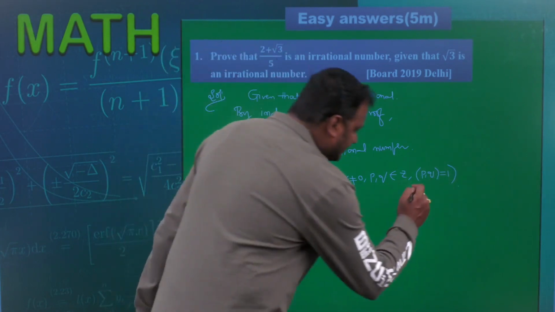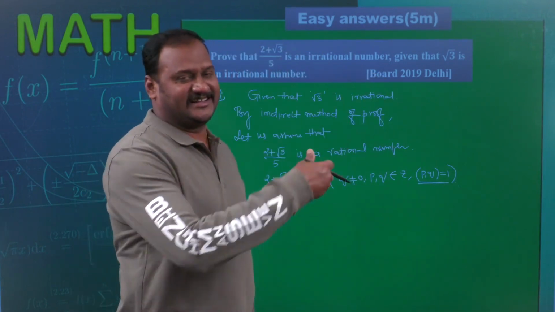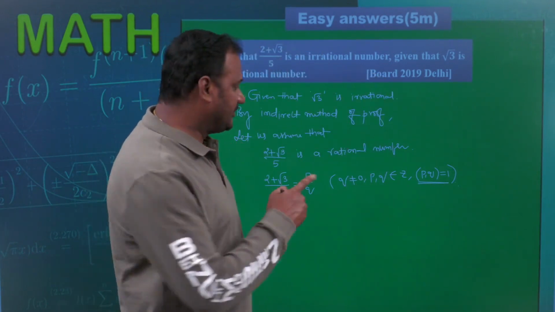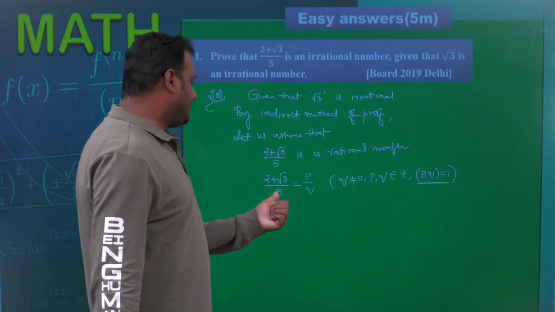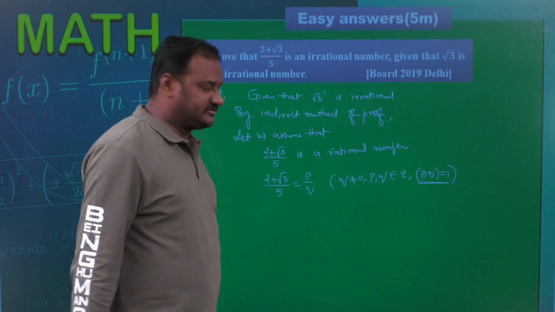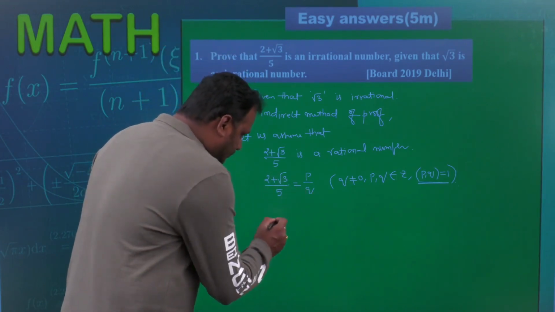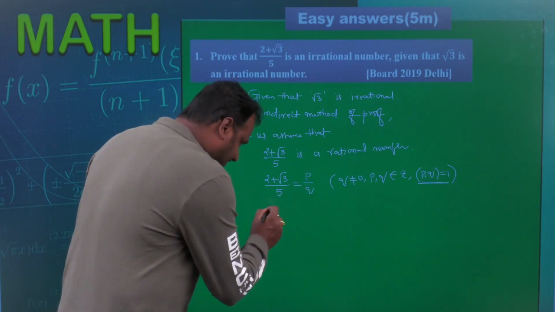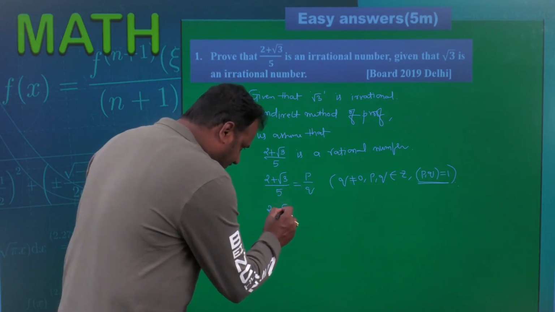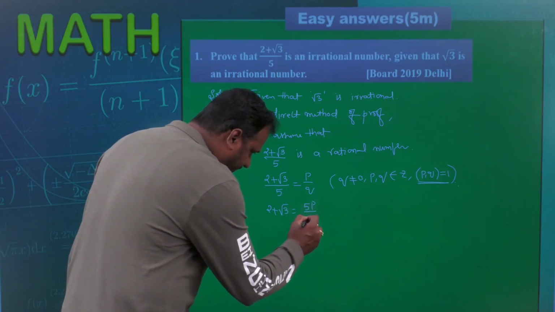This is one of the most important points here, which decides our result. So please remember that 2 plus root 3 by 5 is equal to P by Q. Now I'll try to simplify this. I will have to cross multiply. Then 2 plus root 3 into Q, otherwise transpose the 5 to that side. So it would be 2 plus root 3 is equal to 5P divided by Q.